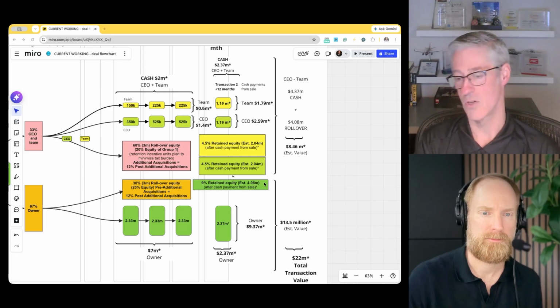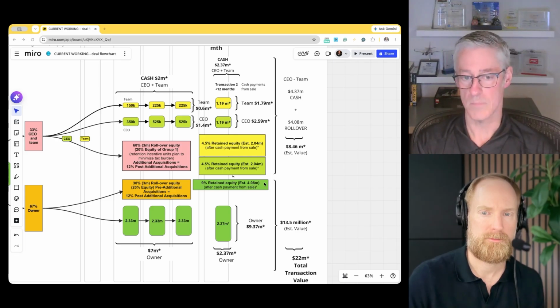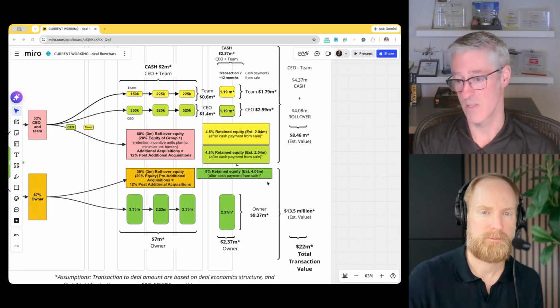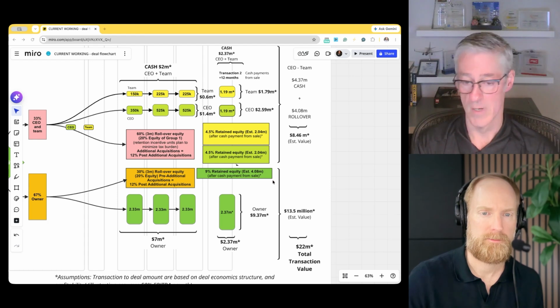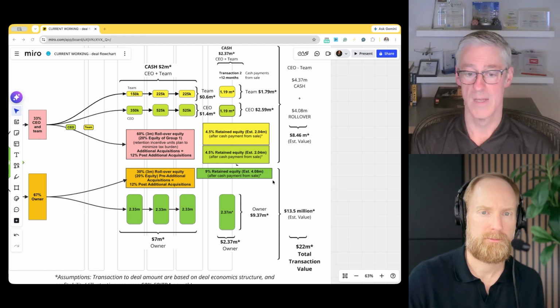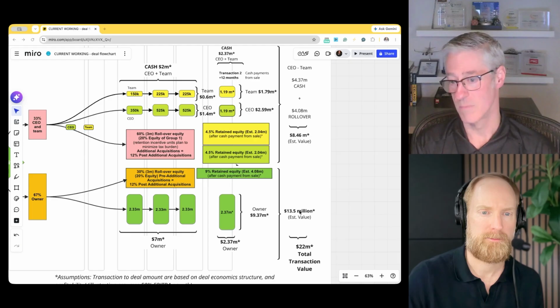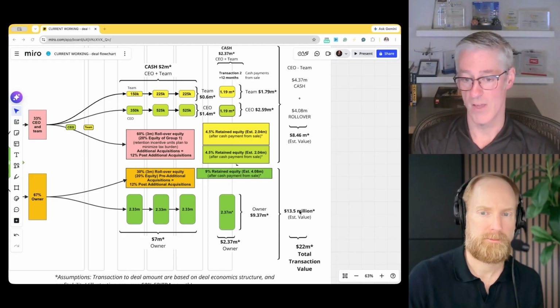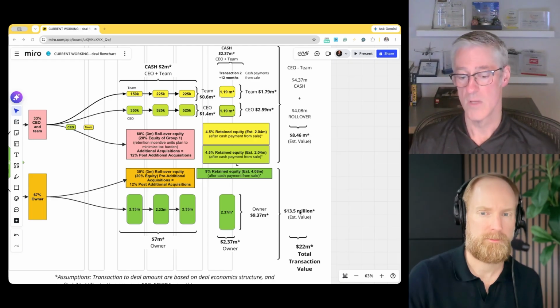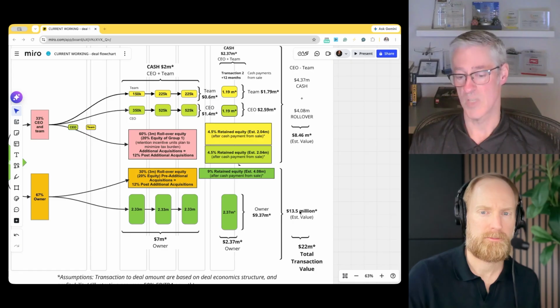And he took some of his consideration in the form of a note, as well as swapping out his equity into another piece of consideration with that same buyer. At the end of the day, he played it forward and played for the long-term value and committed to that over time. So it was as expected.